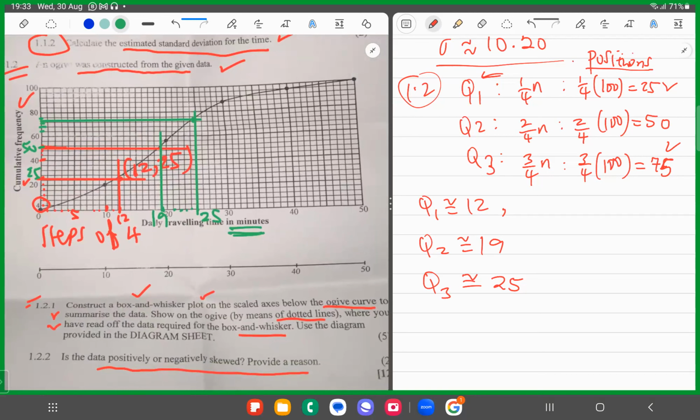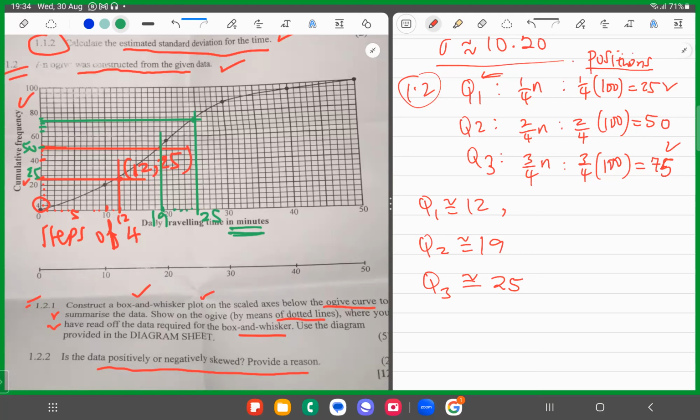We're going to have the minimum, and then we're going to have the maximum. Let's do this first. You'll have to plot this box and whisker of these quartiles on this diagram. After having plotted these on the diagram, you shall be in a position to continue.